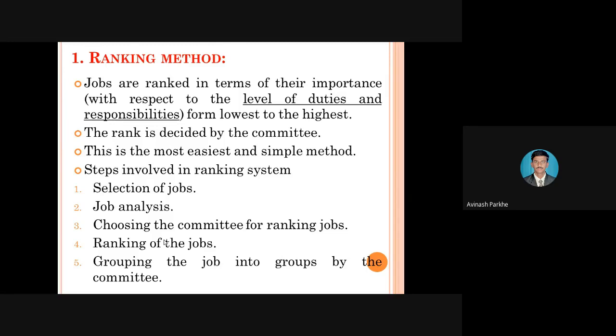For example, the performance of the job is analyzed, and based on that analysis, if your job is satisfying all the conditions and all the requirements, what ranking do I have to give? High. Why high? Because as per my requirement, the job is defined and designed, and it is working in an effective manner. It is satisfying all my conditions.